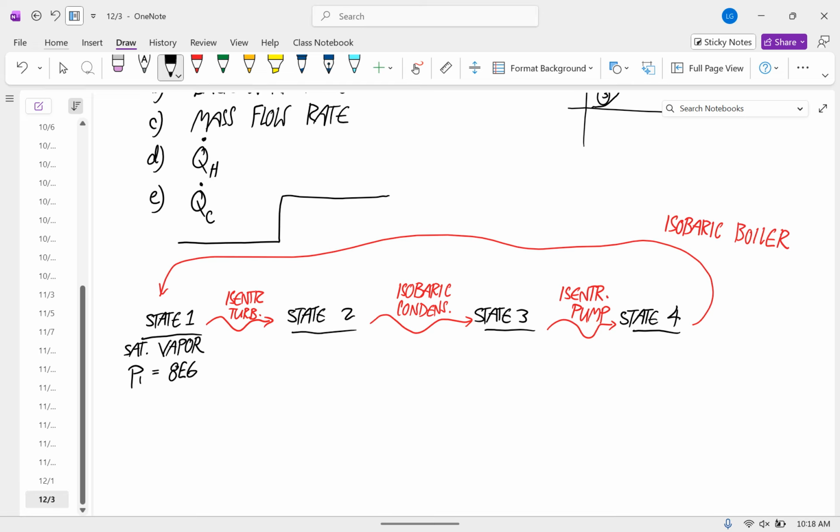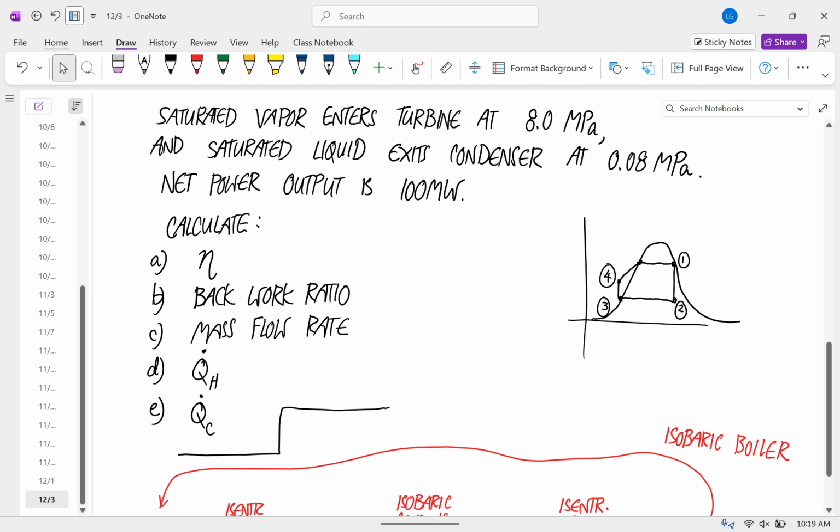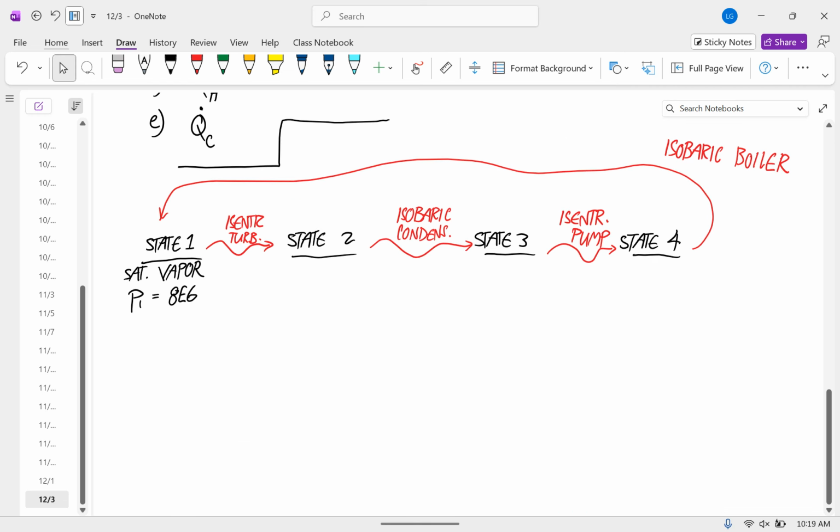So we know that at state 4, the pressure is also 8 megapascals, and the phase at state 4 is a compressed liquid. P4 is equal to 8 times 10 to the 6 pascals.